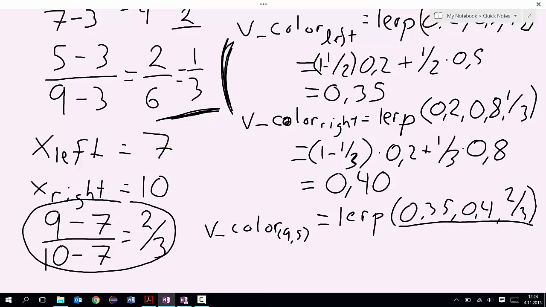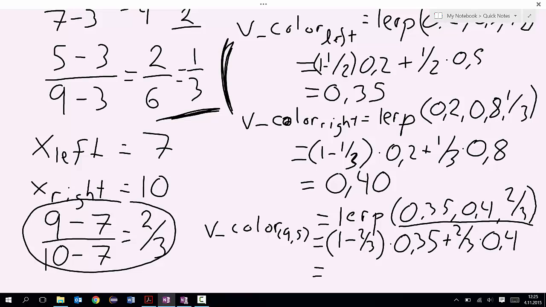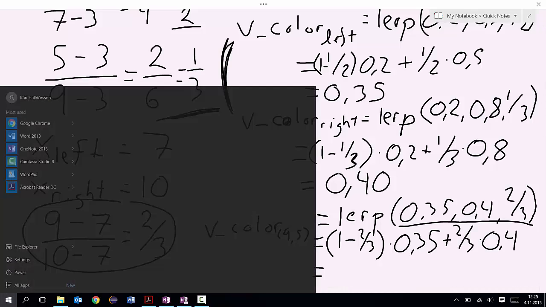Here we use that ratio in the linear interpolation. So this will be 1 minus 2/3 times 0.35 plus 2/3 times 0.4. So that's 1/3 times 0.35. We can just do a calculator here.